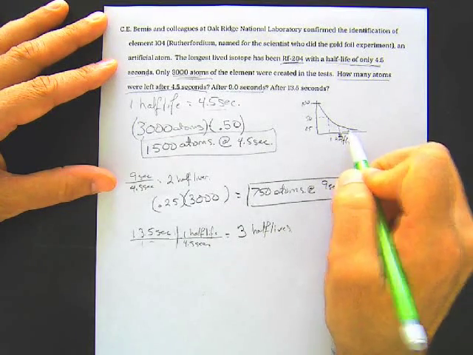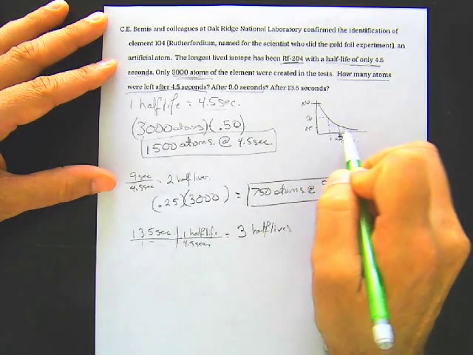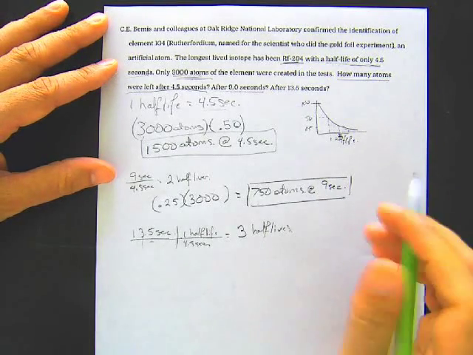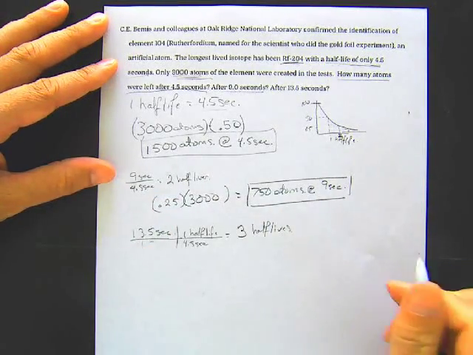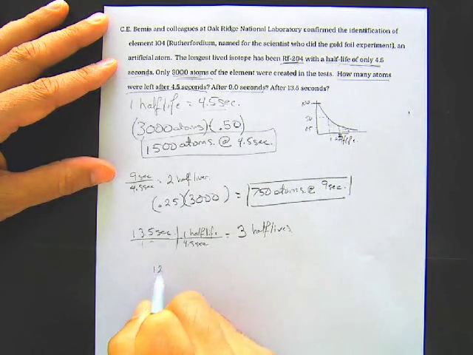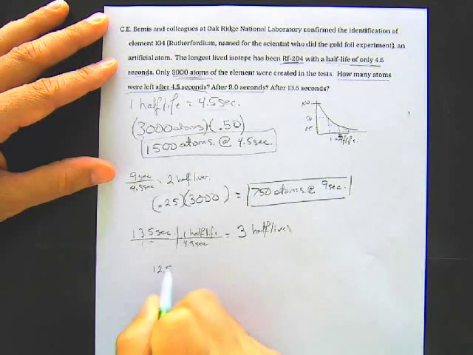What's left? Half of half of half. Right? So half of 25% is 12.5%.